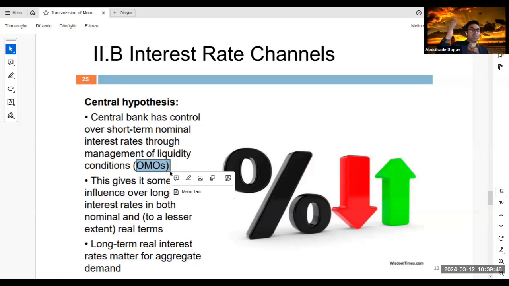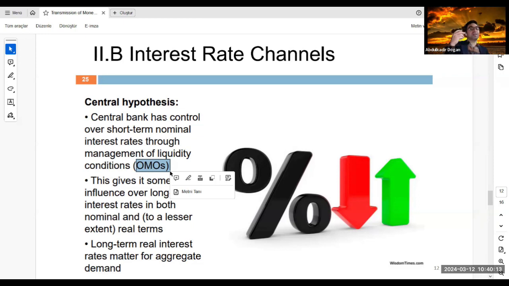Repo means repurchase agreement. So if the central bank wants to increase the money supply in the market, they will buy government bonds and give money in return to the market, and the money supply will increase. Or if they try to decrease the money supply, they will make the reverse repo, like the Fed is doing today. What is the Federal Reserve Bank of the United States doing?